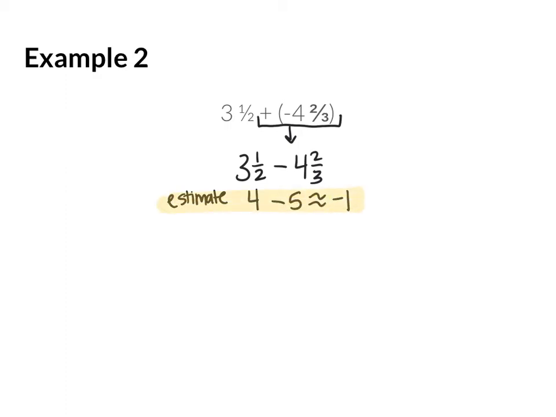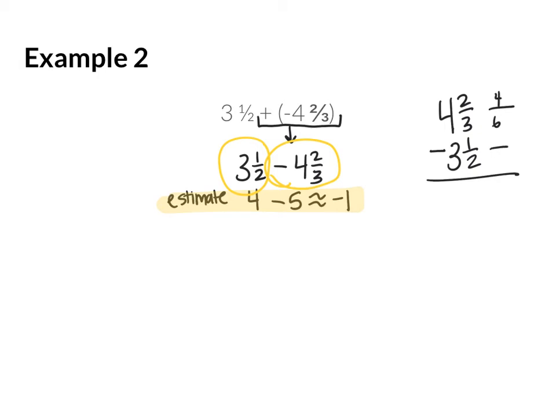Now, what did I do with those numbers? Well, I actually subtracted them because I have a positive, and then I'm taking something away from that, or a positive 3.5 and a negative 4 and 2/3. Since I'm subtracting them, I'm going to do that over here to the side. The 4 and 2/3 subtract 3 and 1/2. We already found our common denominator to be 6.